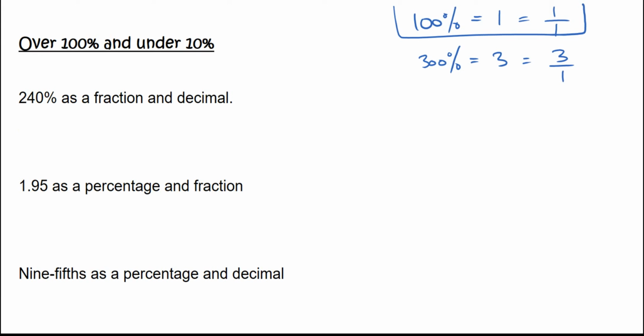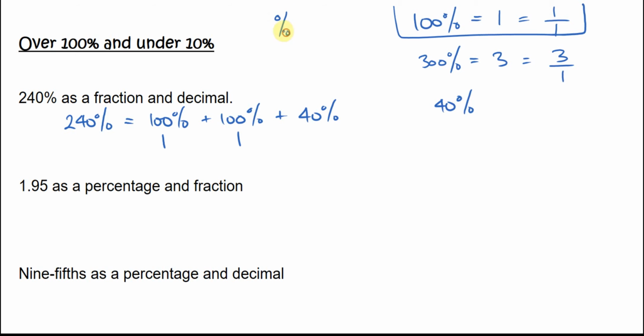So if we've got 240%, that's the same as 100% plus 100% plus 40%. So we know this is 1 whole, and 40%, remembering that percent means per 100.